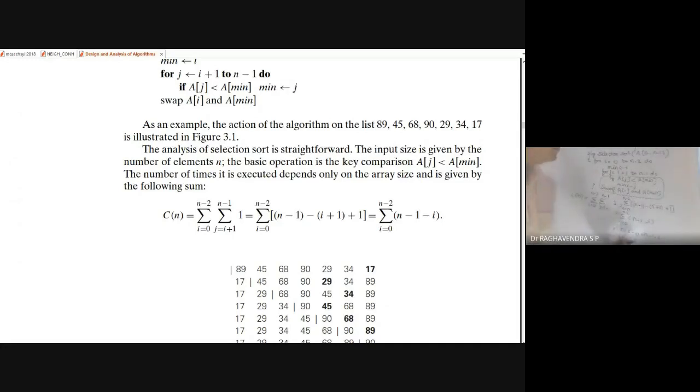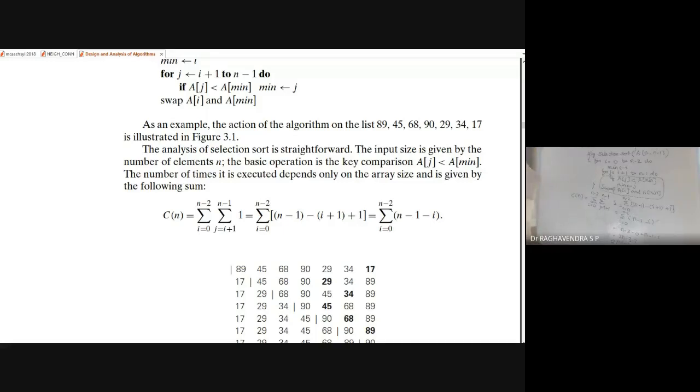Everything is in terms of n, the highest degree polynomial, a linear equation, that is n. So this can be represented as approximately equal to theta of n. So this is the mathematical analysis of the selection sort.